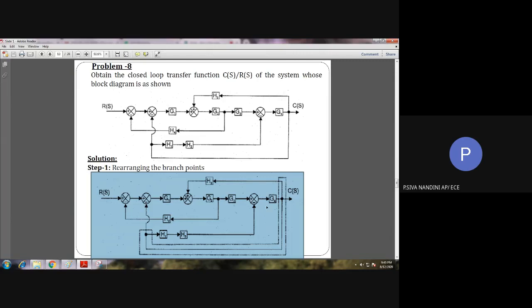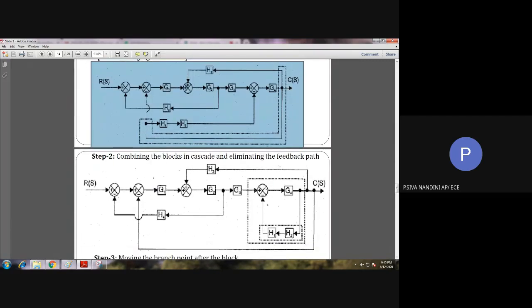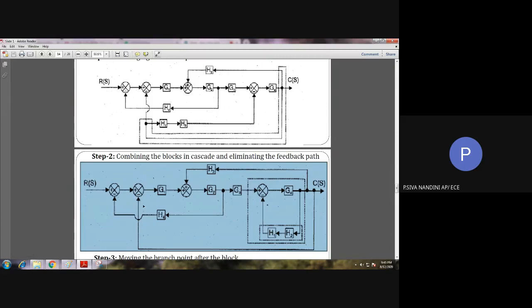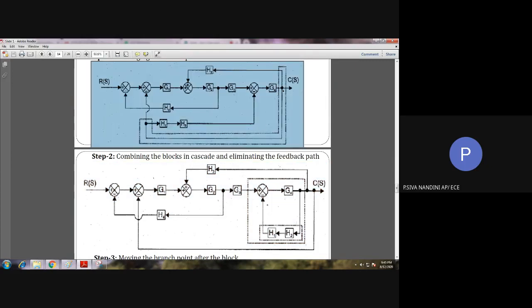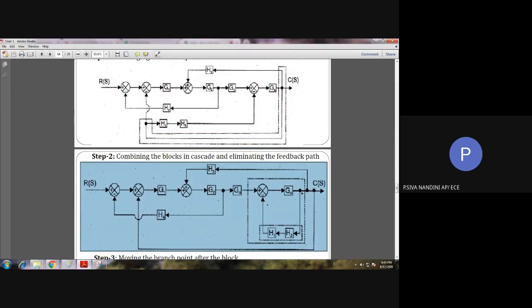So for easiness, we can split these two branch points. Here we have split the branch point so that C of S is directly fed to the second summing point with a negative sign. And as seen in the previous step, C of S is also fed through H1 and H2 to the last summing point with a negative sign.